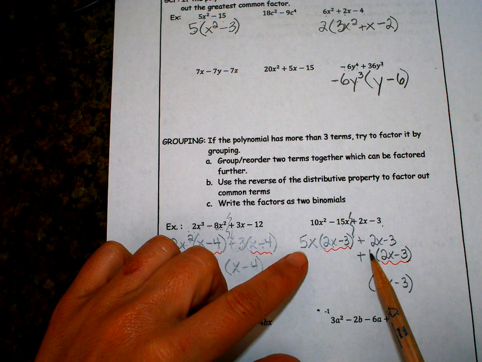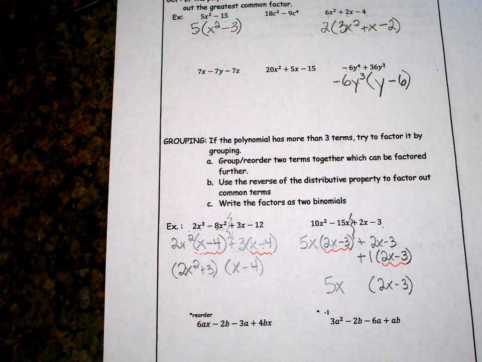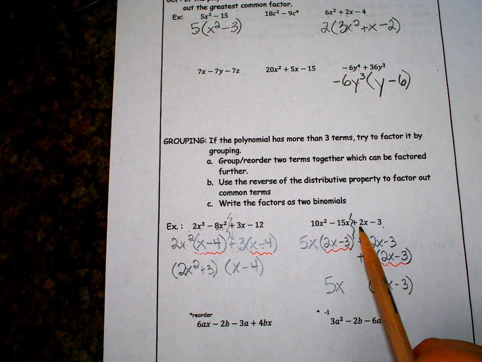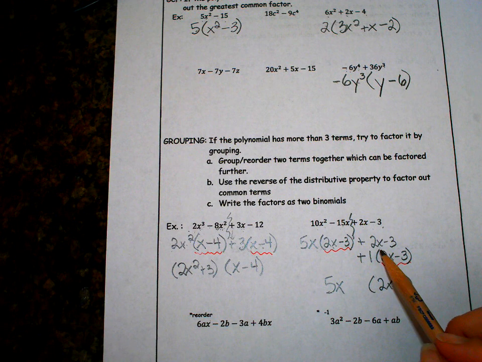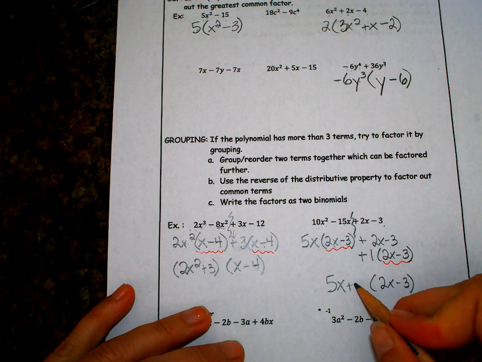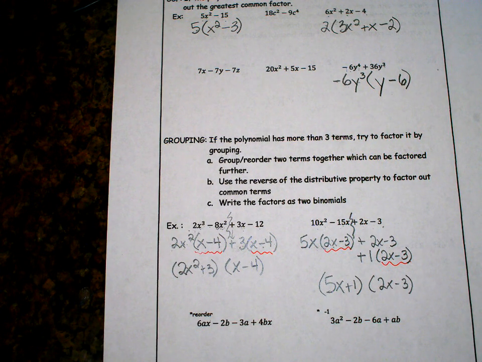But if I didn't put this plus 1 there, then all I'd have is a 5x. I have to have a binomial. And since I didn't have anything to factor out, I can easily put 1, because if I multiply 1 times 2x minus 3, I get 2x minus 3. Okay? So there's that.